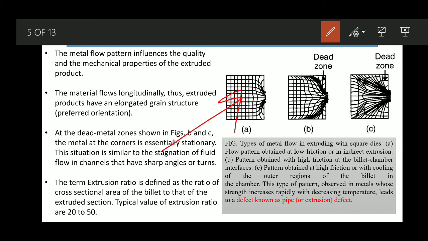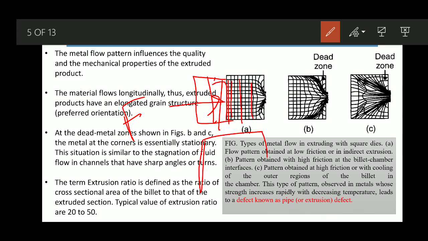Now you can see that the only opening is here, and the other surfaces are here, so the metal gets restricted and can only flow through this particular opening. When we apply the compressive force here, the grid lines that were bigger previously change.